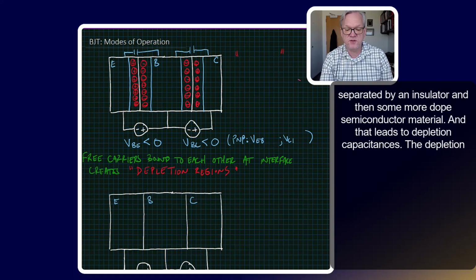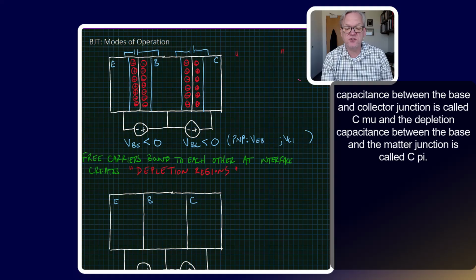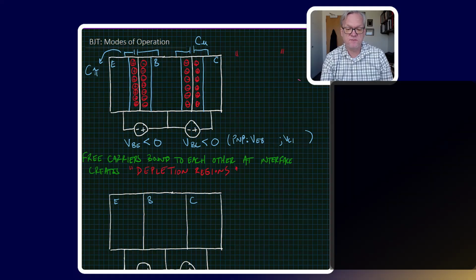And that leads to depletion capacitances. The depletion capacitance between the base and collector junction is called C mu, and the depletion capacitance between the base and emitter junction is called C pi. And we can change the width of the depletion regions by changing the size of the reverse bias, and hence we can create a voltage variable capacitance.